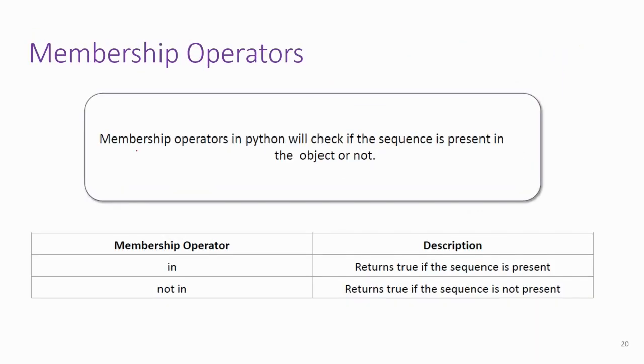Now we have the membership operators, in and not in. In returns true if the sequence is present, and not in returns true if the sequence is not present. These operators we will also see later.